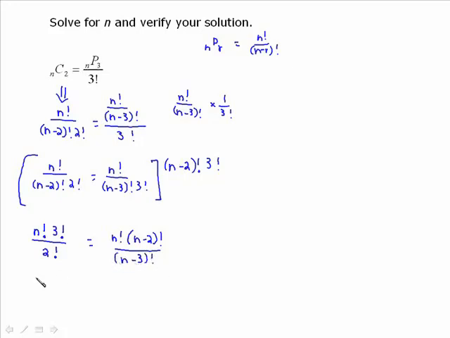But in fact we did, and we could have done this more directly. If we take that 3 factorial over the 2 factorial, you might be aware that 3 factorial is equal to 3 times 2 factorial, and then that's all over 2 factorial. And therefore, we're going to get rid of that 2 factorial.